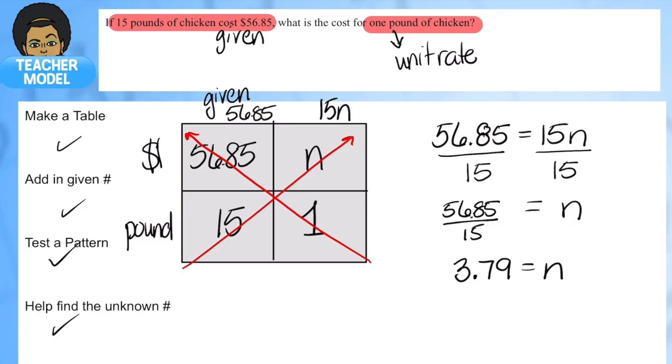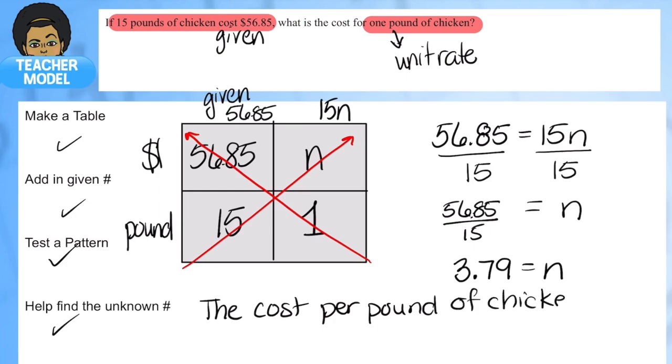And so finally, now that we know what our number is, let's put it back into context in a full sentence. The cost per pound of chicken, I speak faster than I write, is $3.79.